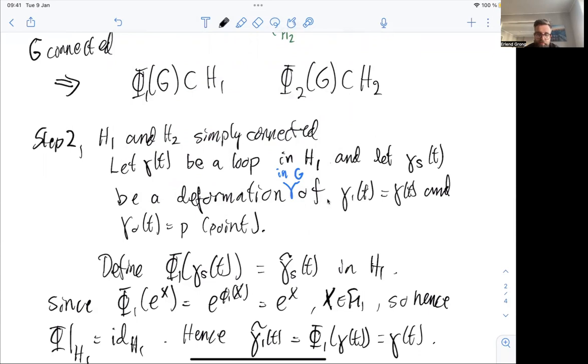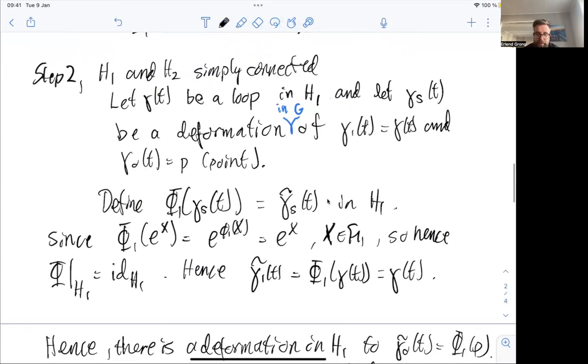The way we do it is we apply phi1 to get a curve inside H1, and next we use that on exponential elements, this is just the identity, so if x is in H1, it has to be the identity on the entire H1 since it's connected.